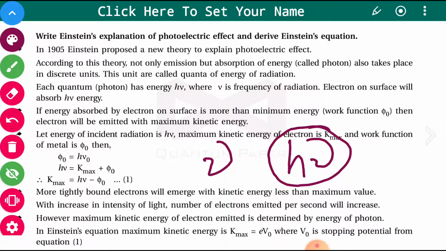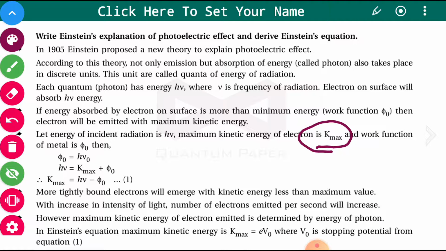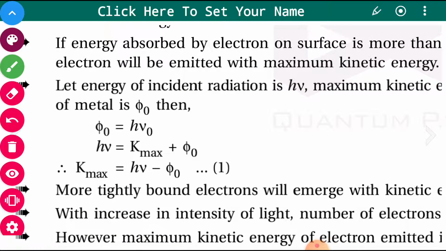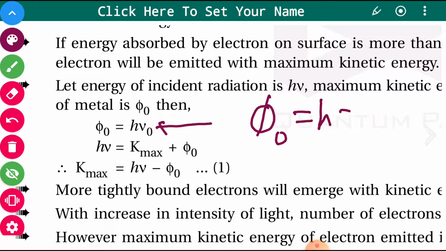And the maximum kinetic energy we take as K max and the work function as phi 0. Then phi 0 is nothing but the minimum energy required, which is equal to h nu 0, where nu 0 is the cutoff frequency or threshold frequency.